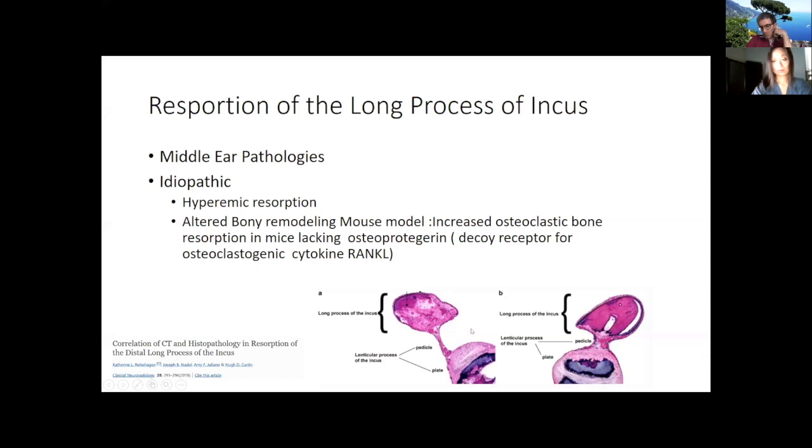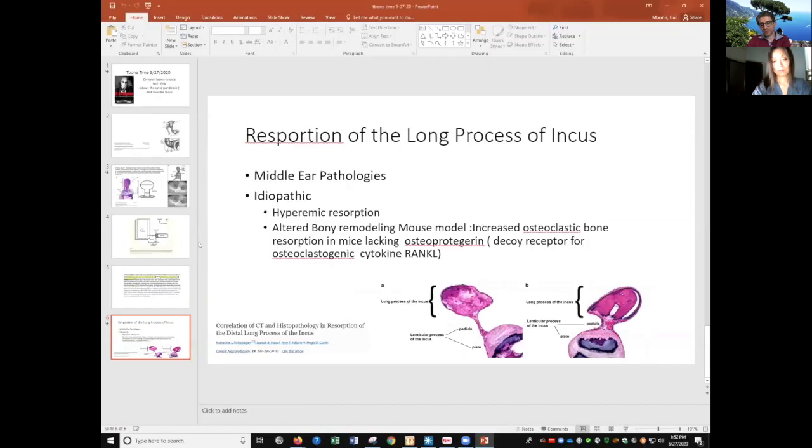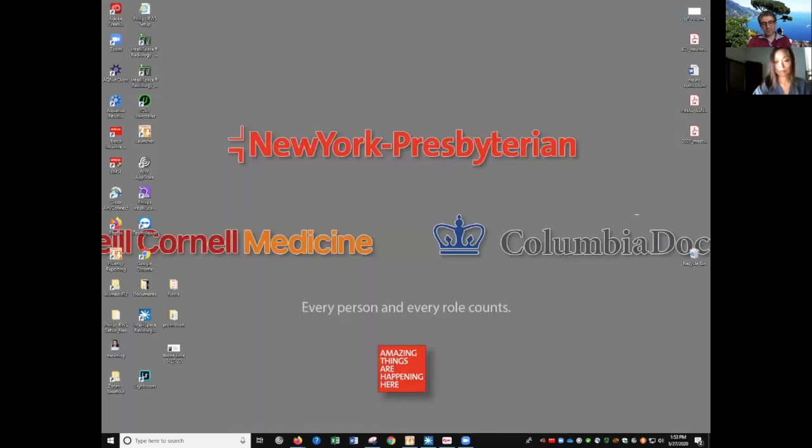So just remember that the lenticular process is not just a bend at the end of the long process. It's actually got these two little components, and this is one of those things which I've seen missed a lot. So just be aware that when you have somebody who has conductive hearing loss and on your first pass through the temporal bone CT you don't find anything, you might want to go back and look at the long process of the incus.